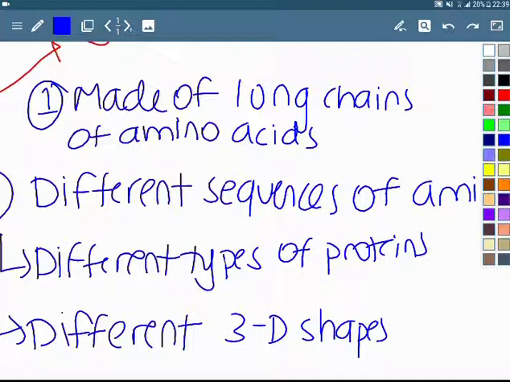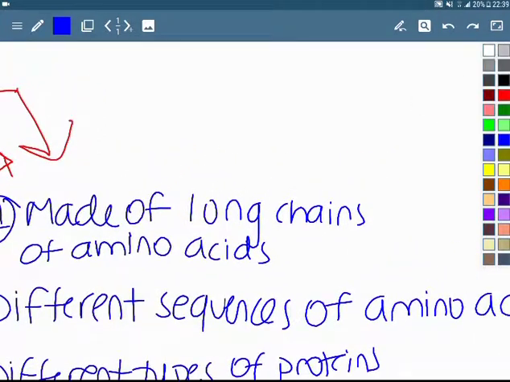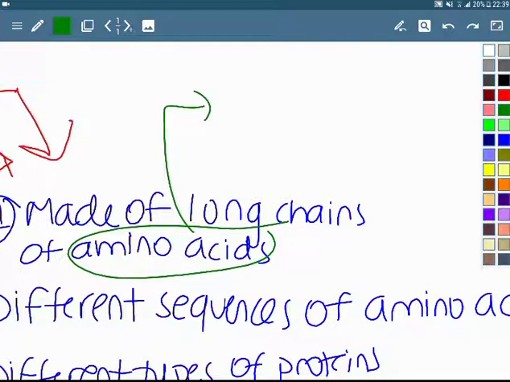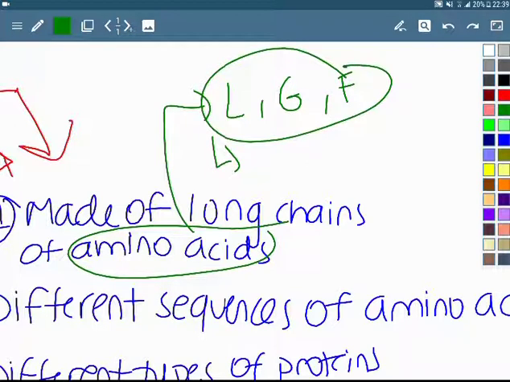Okay, so let's say amino acids, it's alanine and leucine and valine, or glutamine and cysteine and glycine and lysine. Let's say the amino acid sequence is LGF. Okay, this is going to make a specific protein.